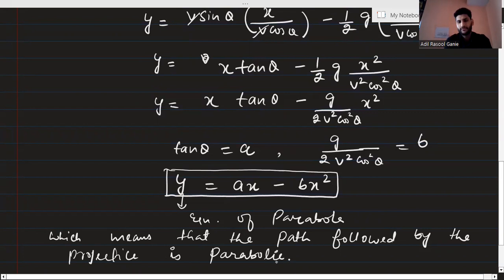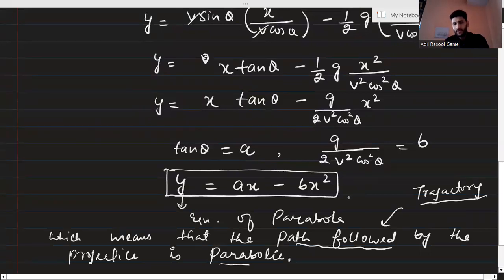Or in simple words, this path followed we call the trajectory. So we can write that the trajectory of the projectile is always parabolic. Therefore, this equation signifies that the path followed by the projectile motion is always parabolic.